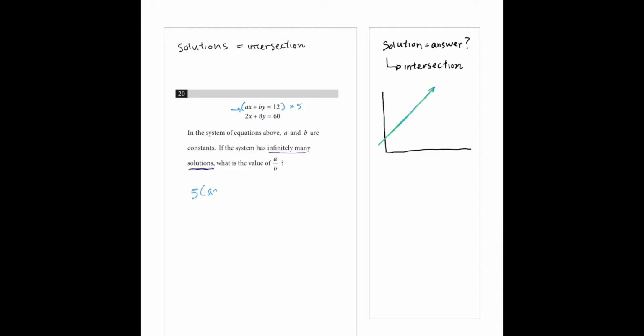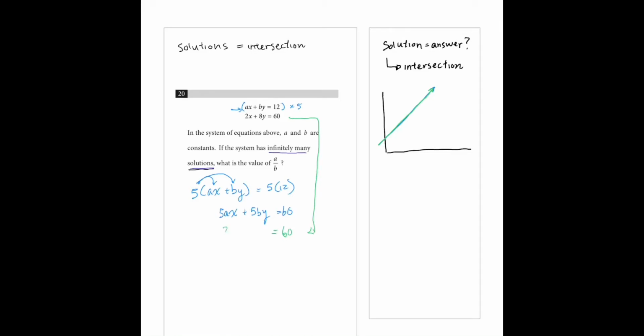So 5 times ax plus by equals 5 times 12. And once we distribute, we can simplify this into 5ax plus 5by equals 60. We'll carry over the second equation down here, and our goal is to match up the constants.